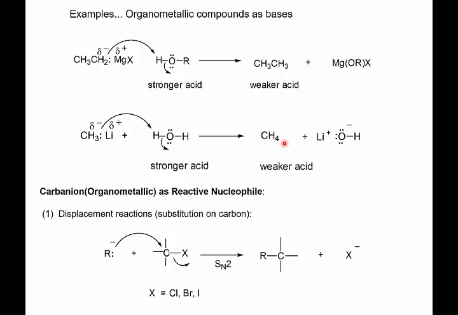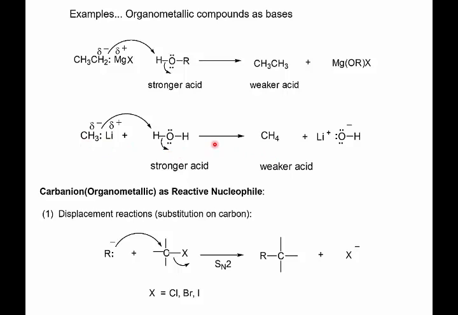To see that it is successful and favorable from left to right, the acid on the left is water. The acid on the right side, imagining it to go right to left, is methane. The Chapter 3 notes, if you consult those, you'll see that water is a stronger acid than an alkane. Indeed, we have the stronger acid on the left, the weaker acid on the right.